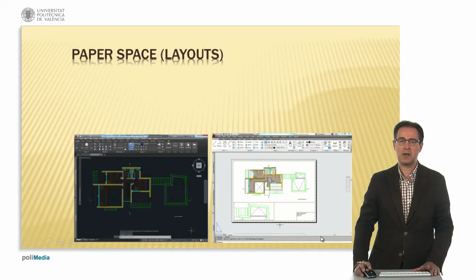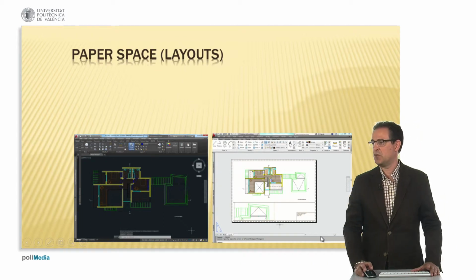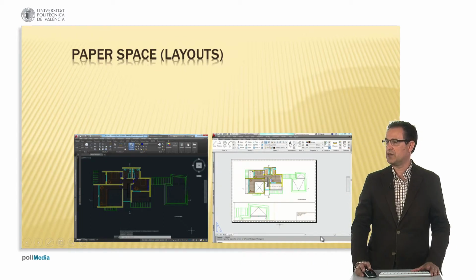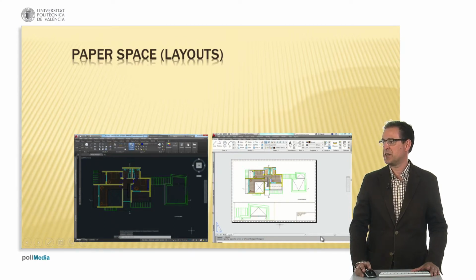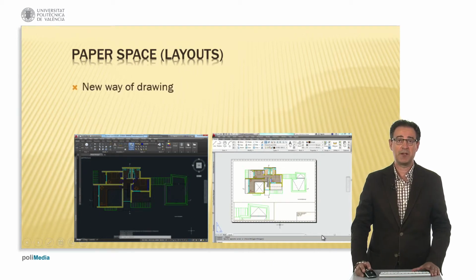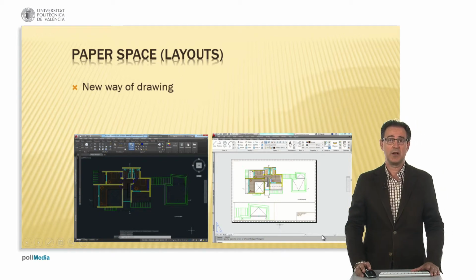First, in paper space we work with layouts. You can see on the left side the view of the model space and on the right side the view of the paper space. There are some differences that we will deal with in following videos. The paper space is a new way of drawing.